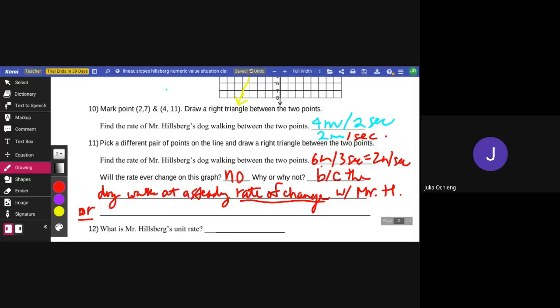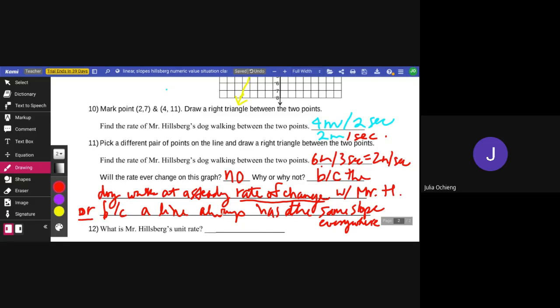Because a line always has the same slope everywhere.